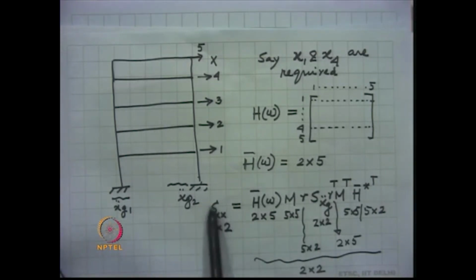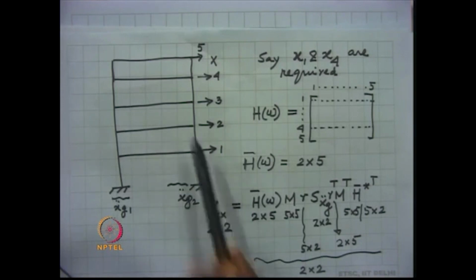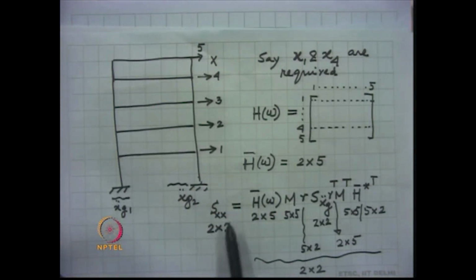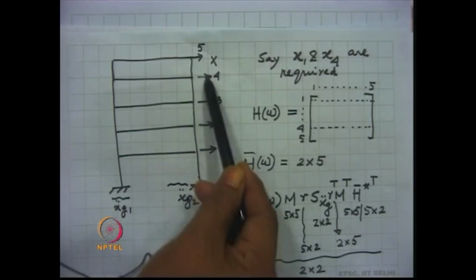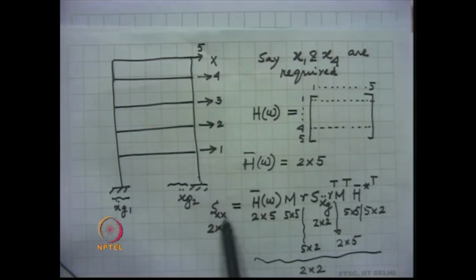Now Sxx will be a 2 by 2 matrix, because we are only interested in the responses x1 and x4. The diagonal terms of this matrix give the power spectral density functions of 1 and 4, and the off-diagonal terms give the cross power spectral density functions between 1 and 4 and between 4 and 1. That is what the Sxx matrix will represent.